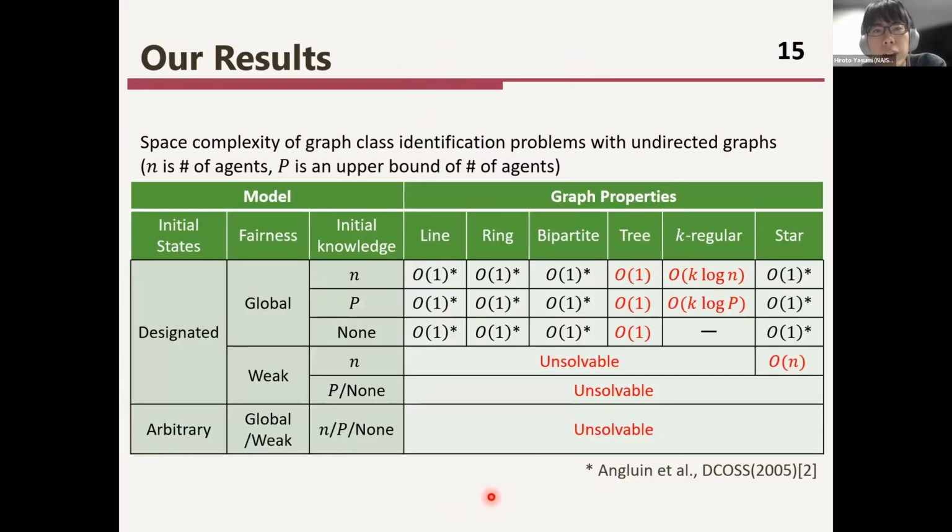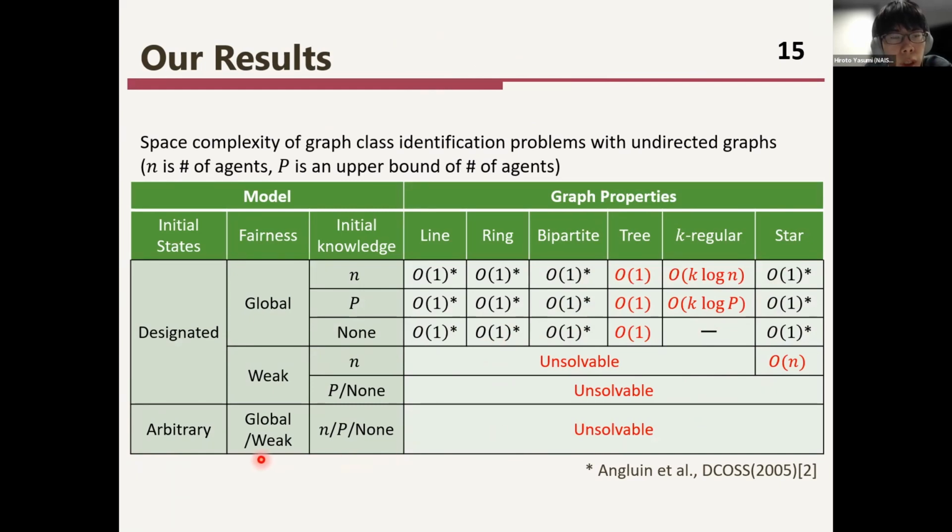Now, please look at our results again. This table shows the space complexity of the graph class identification problems with undirected graphs. The black letters represent existing works, and the red letter represents our work.